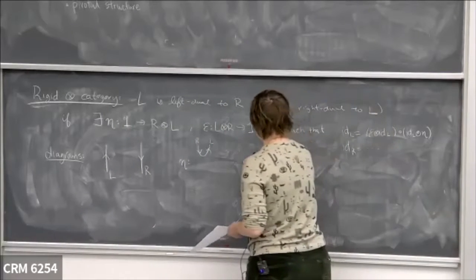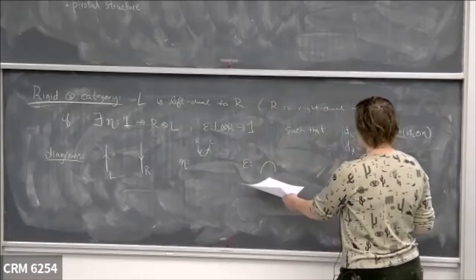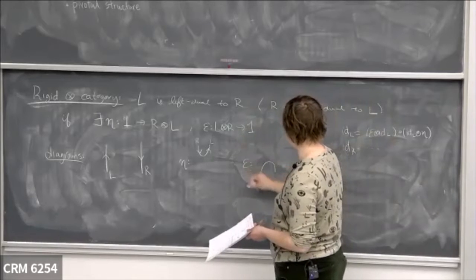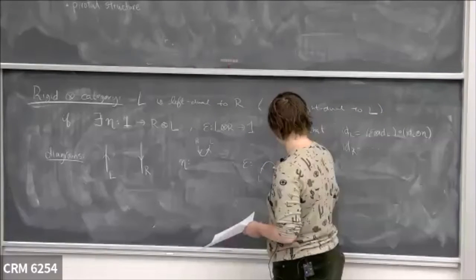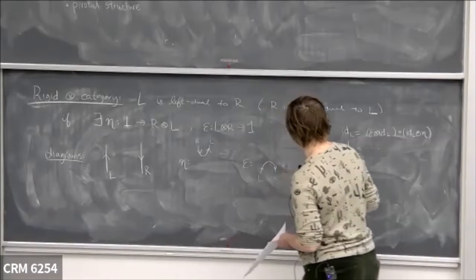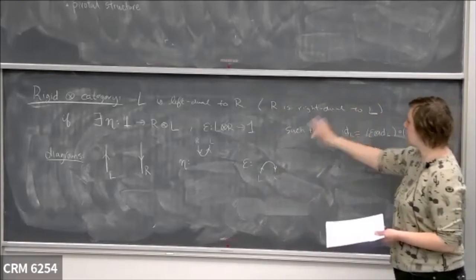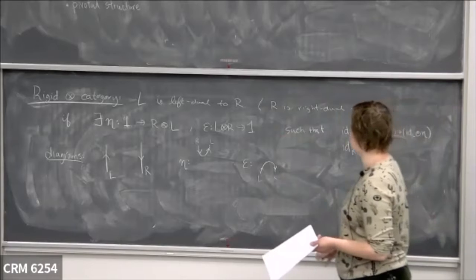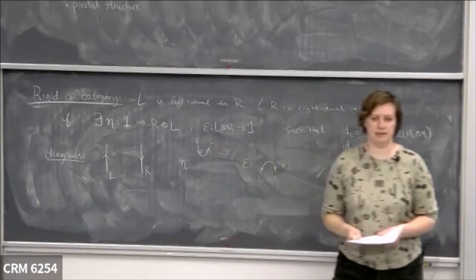And epsilon is going to be a cap, and it goes from L tensor R. So this one is oriented like so. Okay, and so the structure of having two objects that are dual to each other is being able to connect them up in these two ways.